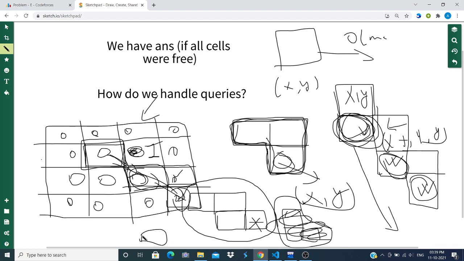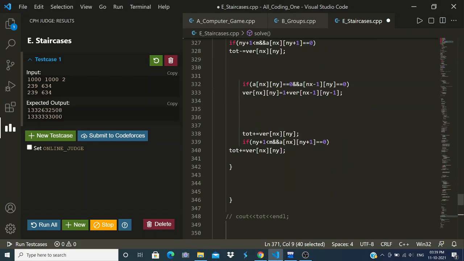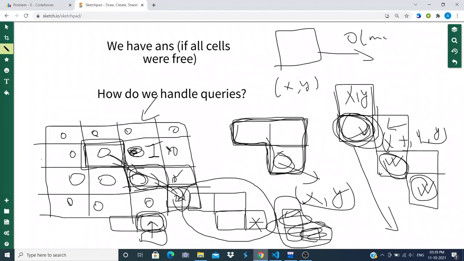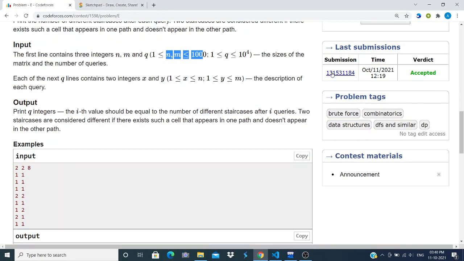For counting the number of staircases of this kind, we are just counting the number of horizontal staircases which end at a cell one above that cell, right? We are just adding it for all the cells. The case of vertical staircases is very similar to horizontal. So if you understand the horizontal staircase simulation, you can also make a similar simulation for vertical as well. And taking all those cases, you will find that it will get accepted, as you can see.